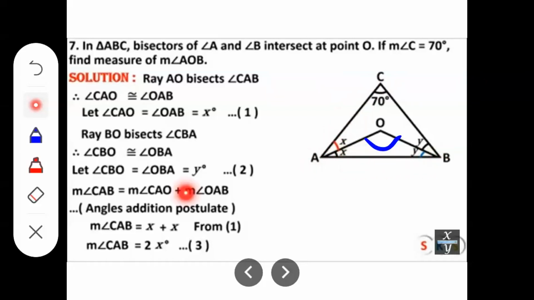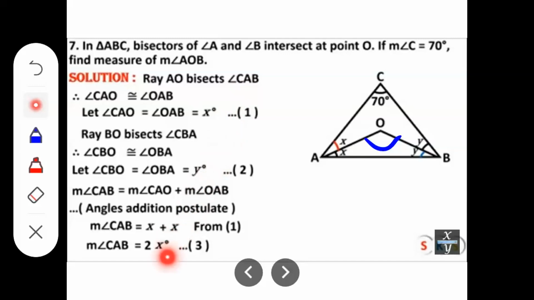So write the step, and here the reason will be the angle addition postulate. You can also write angle addition property. Now put the values for each one: x plus x will be 2x degrees, and that is equation 3. The solution is very simple.